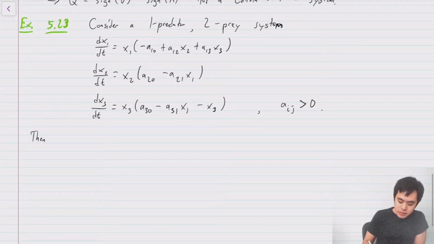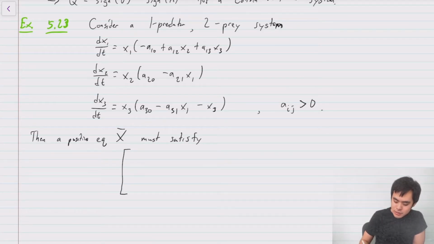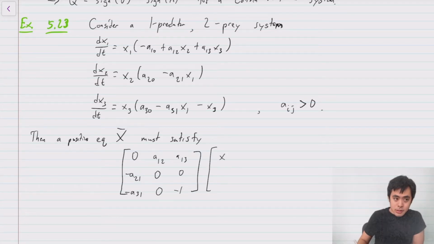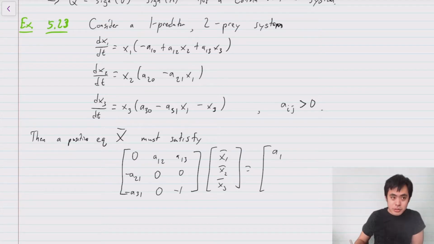So a positive equilibrium, x bar, must satisfy this matrix. So this is 0, a12, a13, minus a21, 0, 0, minus a31, 0, and minus 1, times x1 bar, x2 bar, x3 bar, which is equal to, we take the negatives of all the coefficients there, so this is minus a10, a20, and a30.